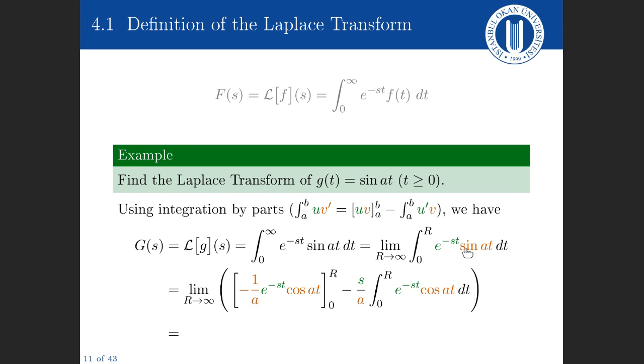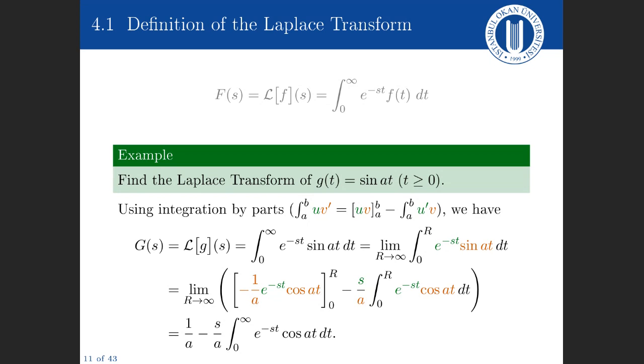The integral of sine is minus cos. Two minuses cancel out, and we just have one minus left. So that's the same as 1 over a minus s over a, integral from 0 to infinity, e to the power minus st cos at dt.